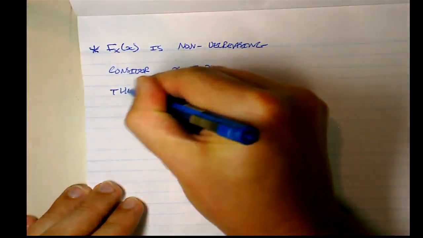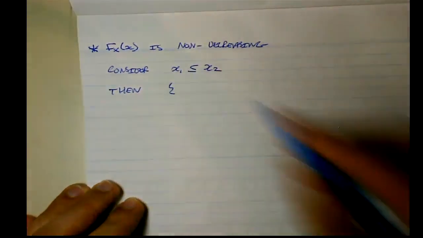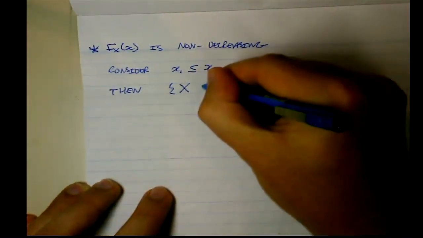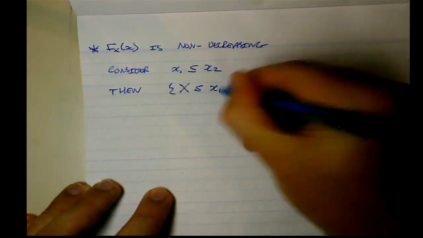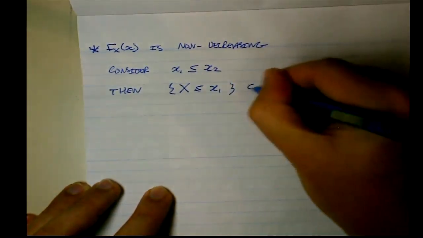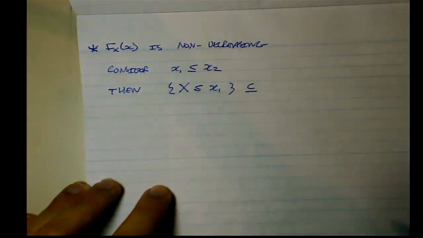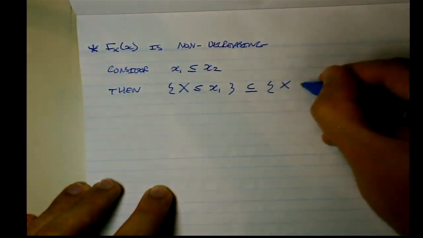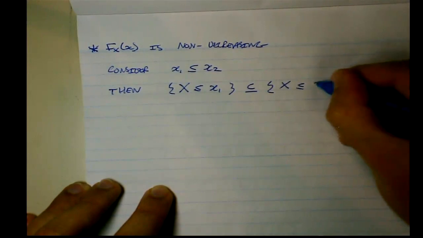So the event that our random variable big X is less than or equal to x1 is a subset of the event that our random variable big X is less than or equal to x2.